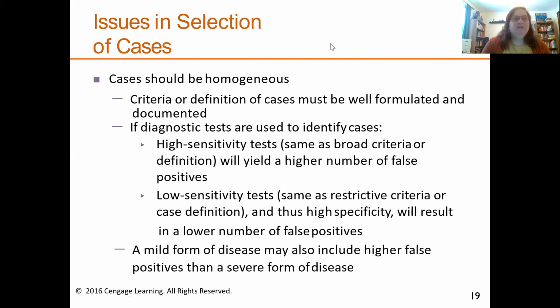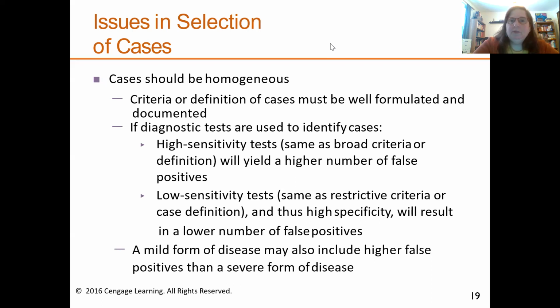Let's talk about some issues in the selection of cases. Cases should be as homogeneous as possible. So you want to have a very good definition of cases. You want it to be well formulated and documented. If diagnostic tests are used to identify cases, you want a high sensitivity test. So what does that mean?